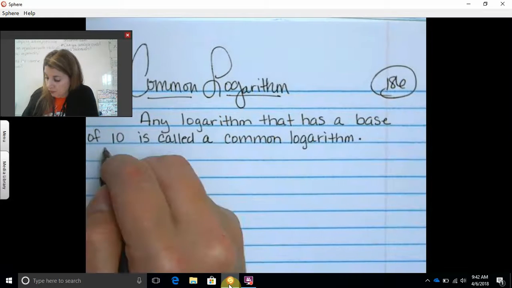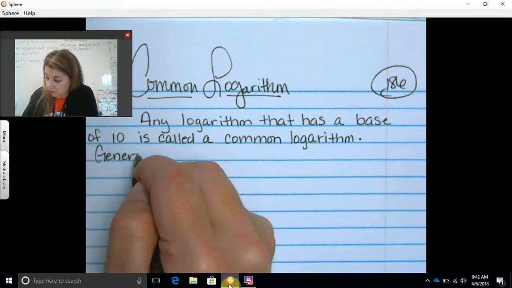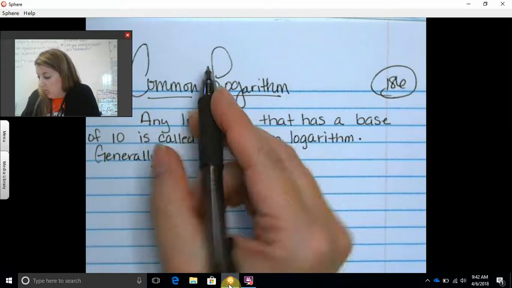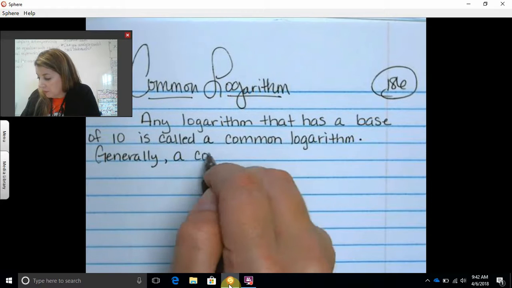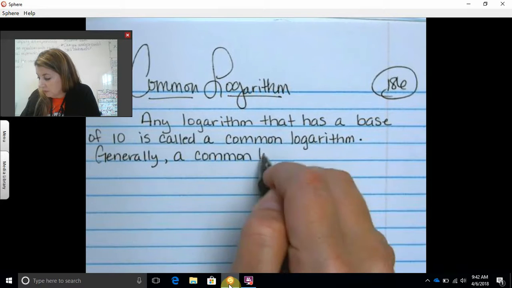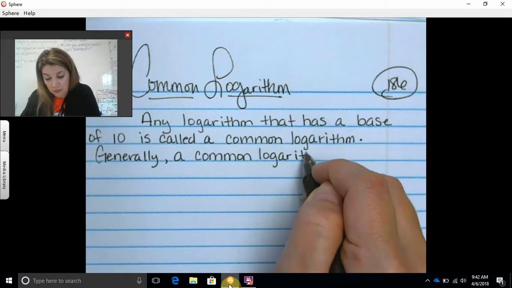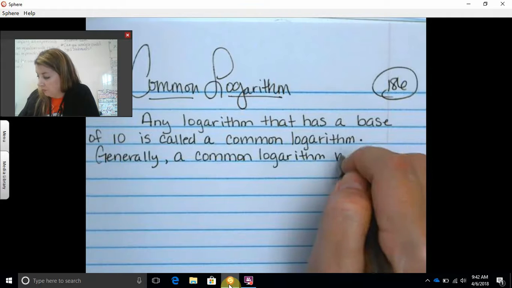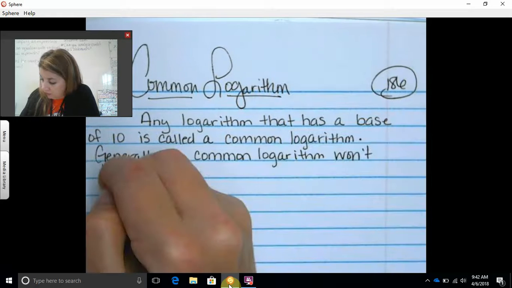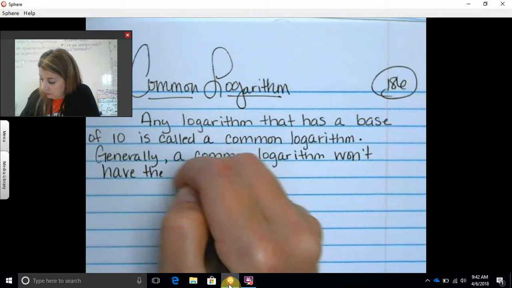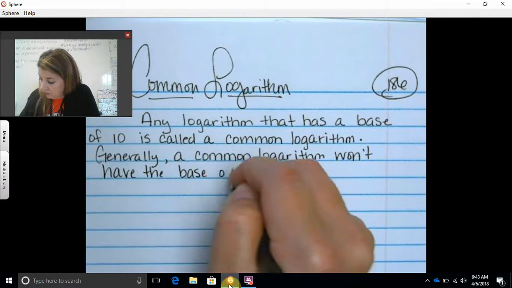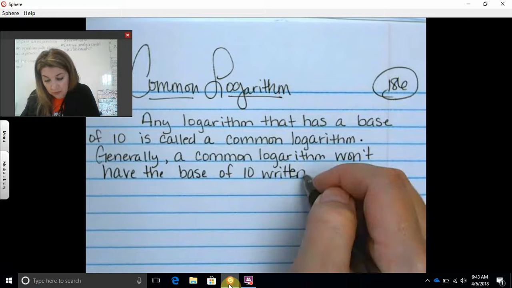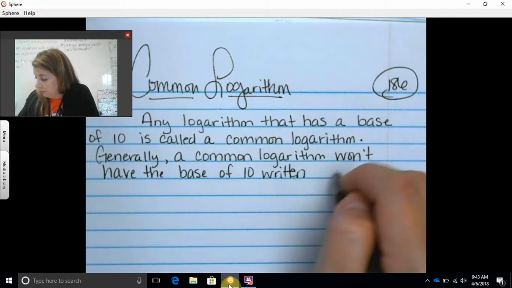Generally, a common logarithm won't have the base of 10 written. It will be implied.